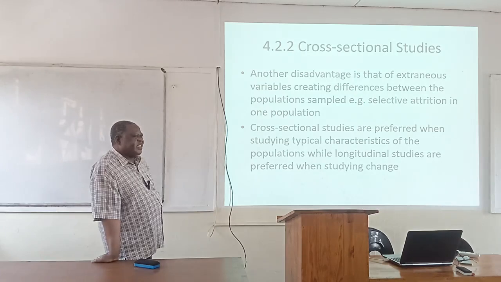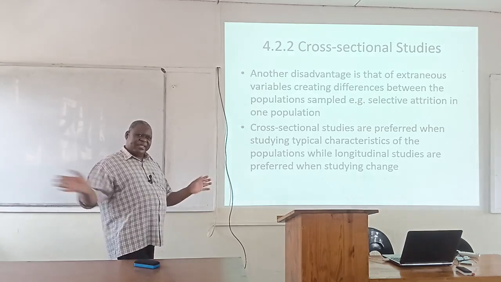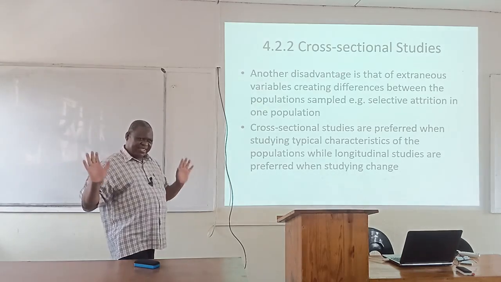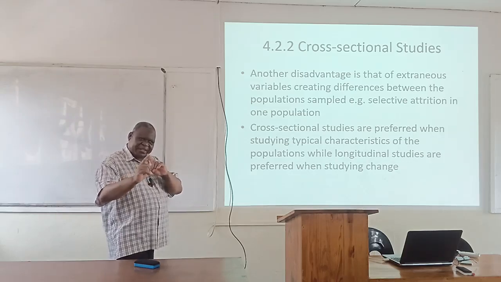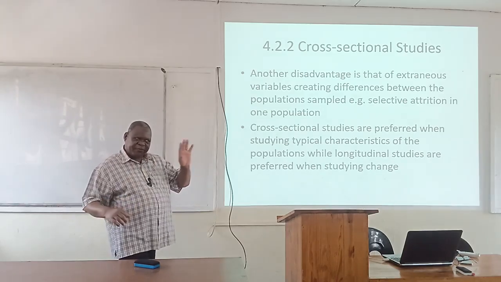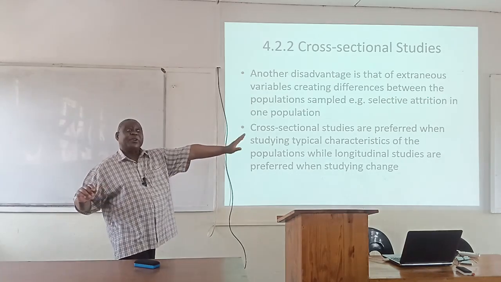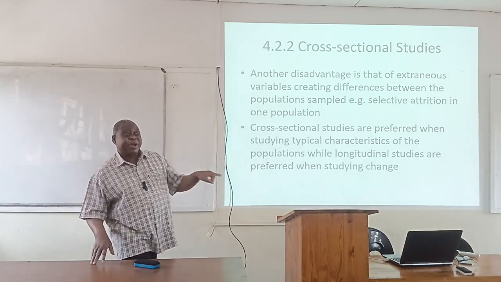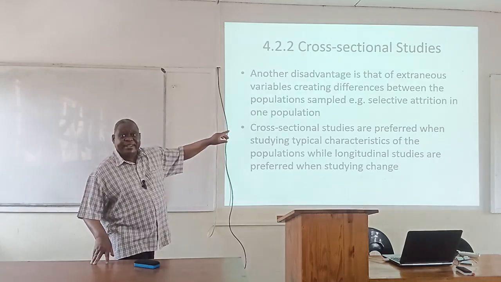Let's say that in the grade 1 pupils, you have all the grade 1s who are available for that area. They are all in grade 1. But by the time they get to grade 4, some of them have started dropping out. So the grade 4 you are using to compare to grade 1 has already experienced some dropouts. And lo and behold, maybe the ones who have dropped out have certain characteristics not similar to the ones who have remained in class.